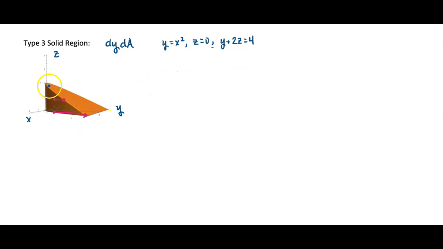Right, so now this is bound y because these lines are parallel to the y-axis, so they're going to be in the form of y equals something. Y starts at x squared and ends at y plus 2z equals 4, which really means y would be equal to 4 minus 2z.